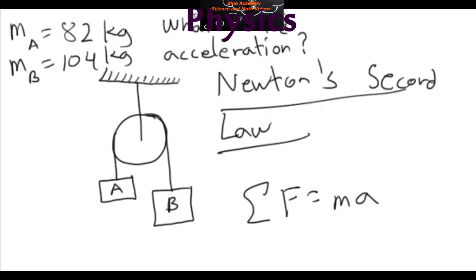And since we have two objects, block A and block B, we are going to write two separate equations from these two conditions. We're going to write equation number 1 from A and 2 for B. So let's get started.